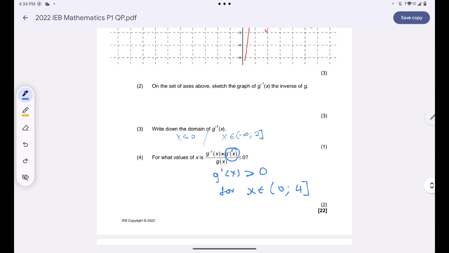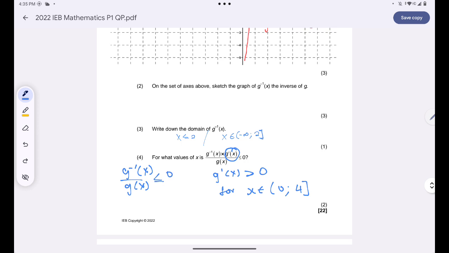If the graph was not restricted, I would have just said the derivative will forever be greater than 0 for x element of real numbers. But since it is restricted, I need to say the derivative will always be positive in this interval. Are you together? So since I know that g prime of x will forever be positive, I can simply focus on the inverse and the original function being less or equal to 0.